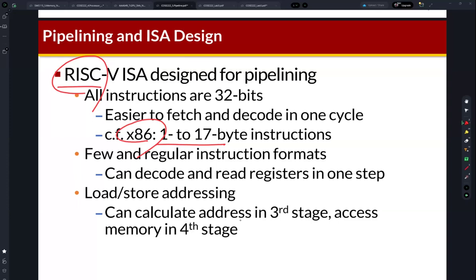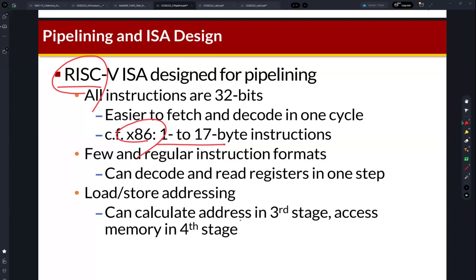The reason is that if we apply a regular encoding rule, then we can implement simpler hardware, and simpler hardware has lower delay. So which means we can decrease the clock period. So this slide just explains this.